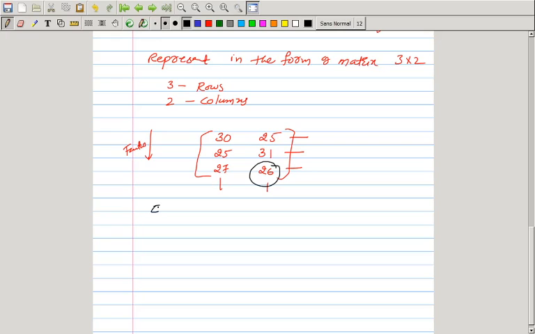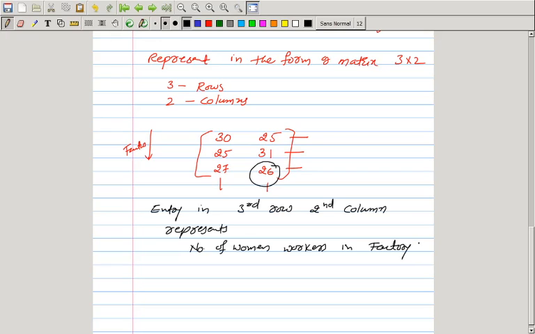So the entry in third row, second column represents the number of women workers in factory number 3, right?